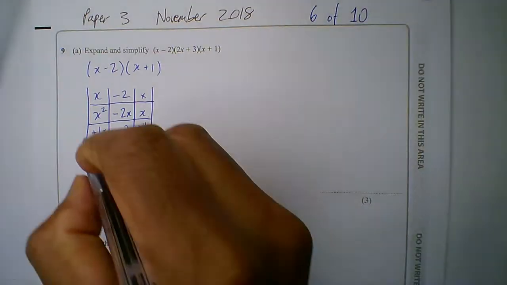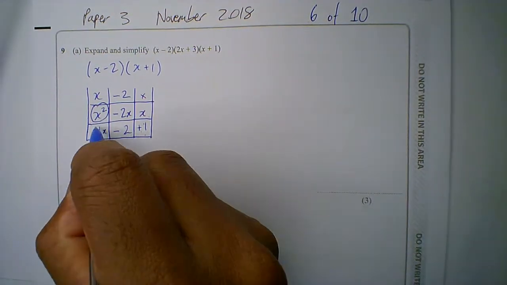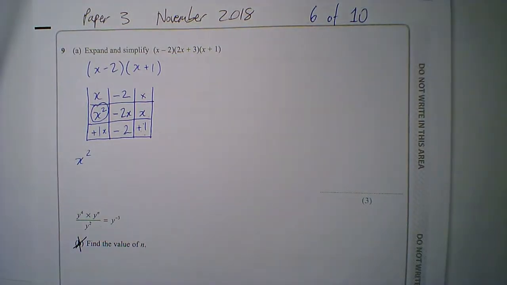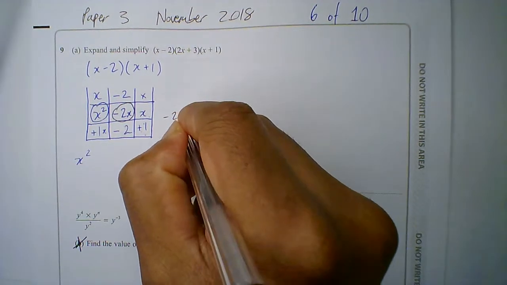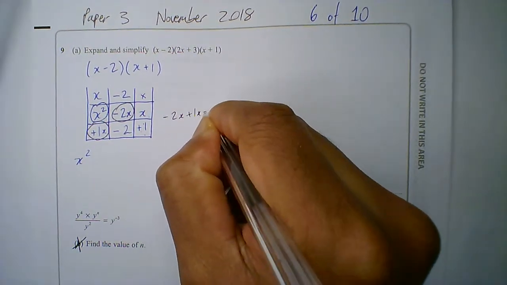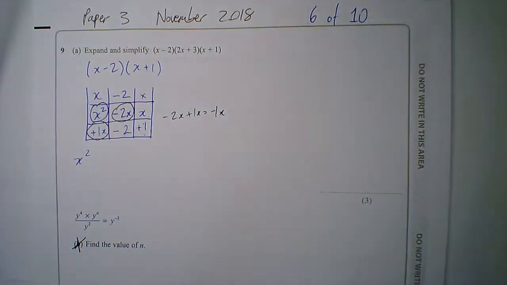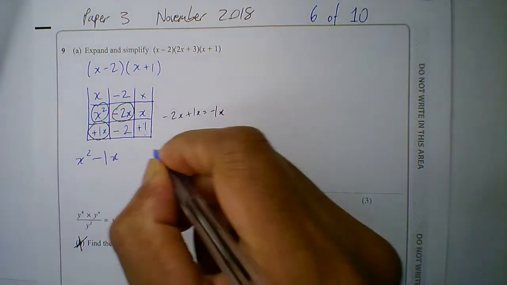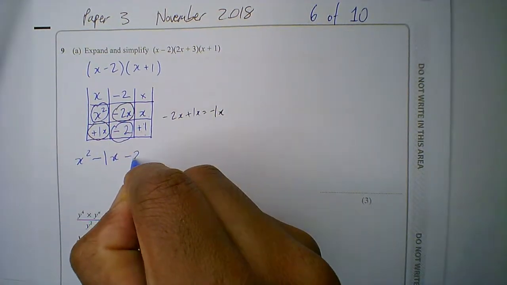Now I simplify this, x squared, I'll use a different color, minus 2x plus 1x equals minus 1x. 1 take away 2 is minus 1. So this is minus 1x. And then I've got the last part here, minus 2.